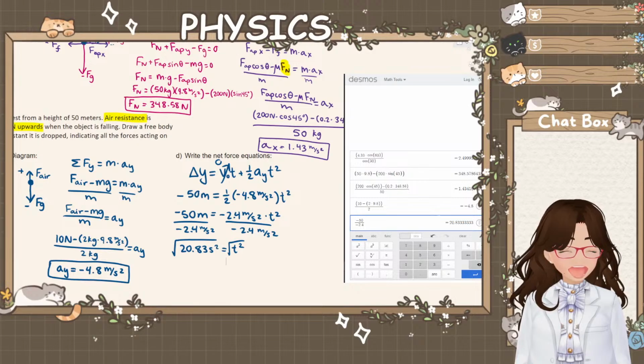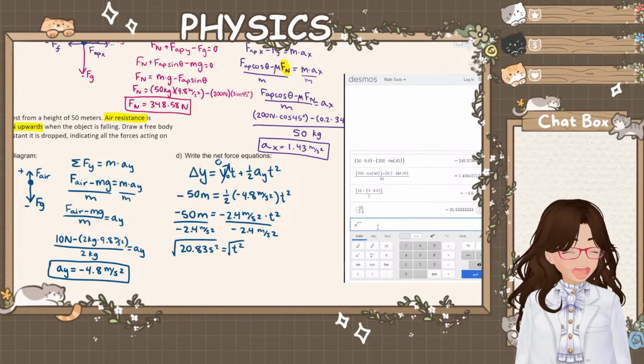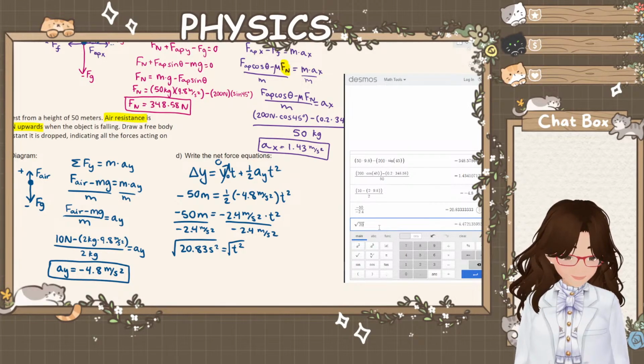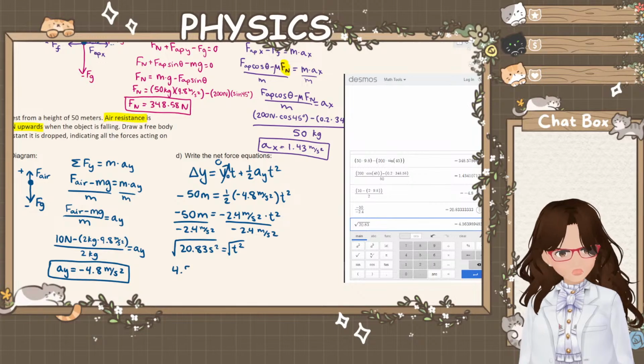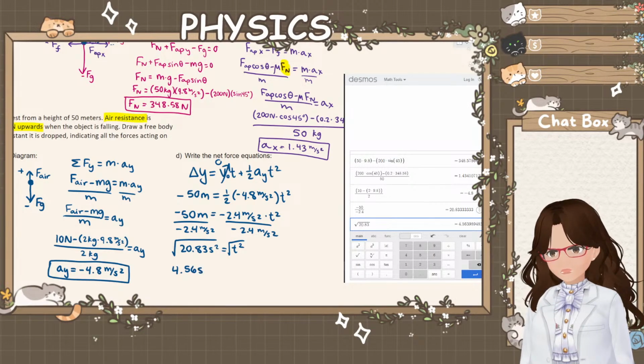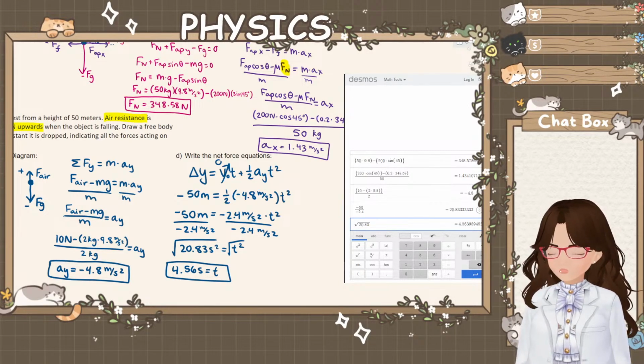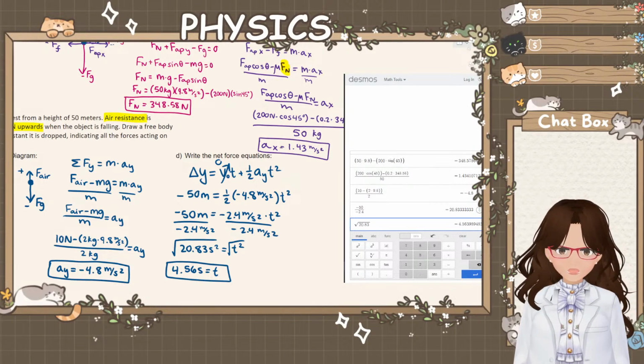What I'm going to do is take that value, square root it, and that is going to give me a time of 4.56 seconds approximately for the object to hit the ground. Now that is going to be more time than what you would expect for something that's falling due to gravity, which makes sense because our acceleration is now smaller, so it should take more time.